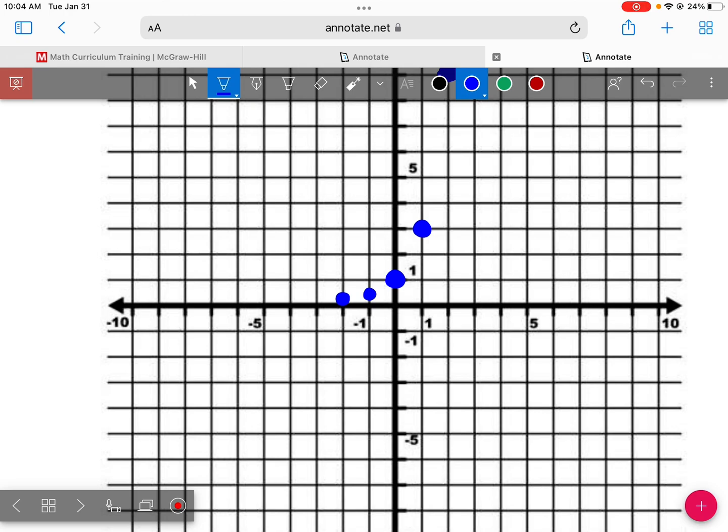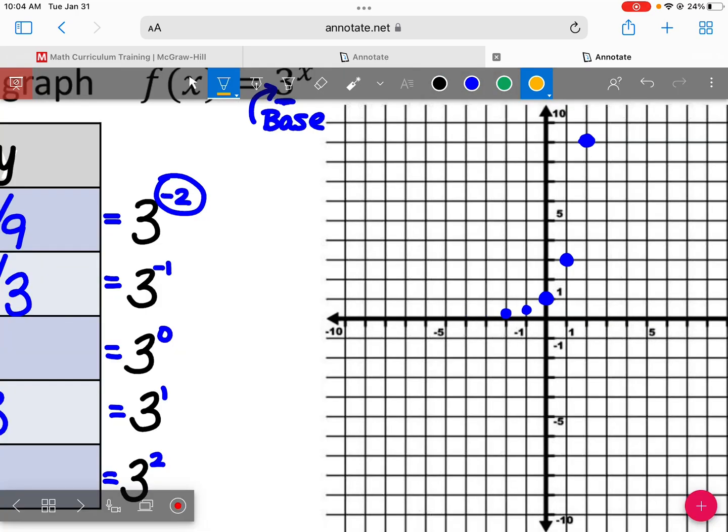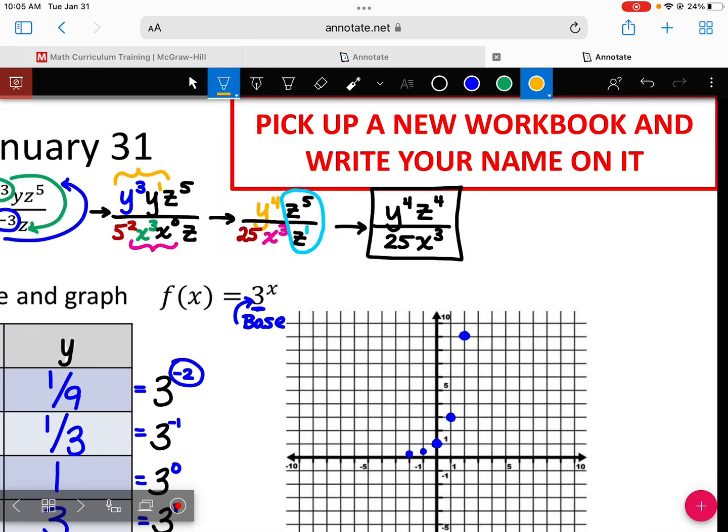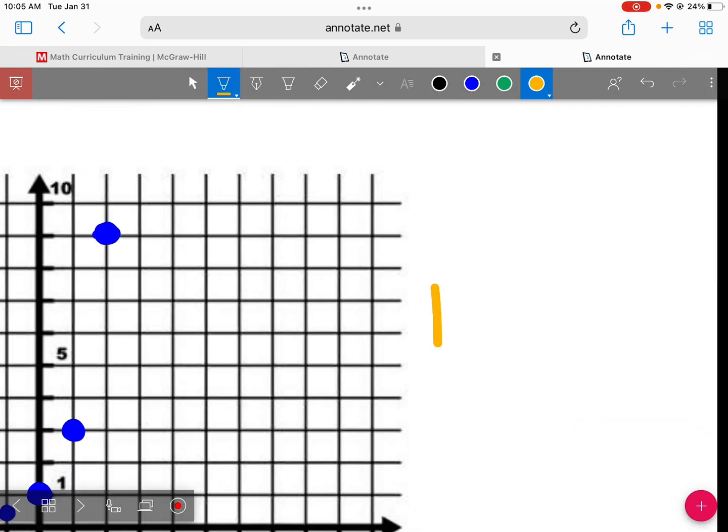What are we going to get really close to but not cross? Asymptote, which is going to be what on this one? Where is my horizontal asymptote here? Look at what those points are getting close to. 0.